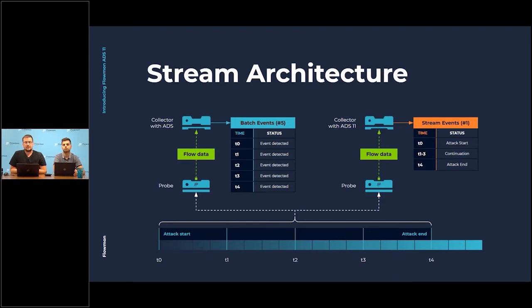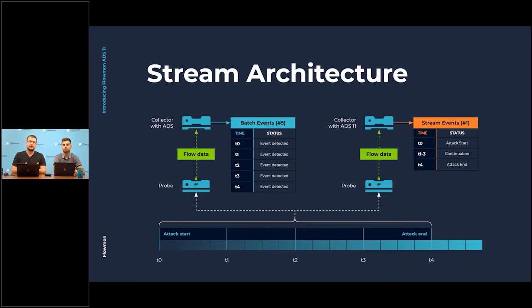So let's look at the stream architecture. As I mentioned, this is the major thing in this version. It's mostly under the hood, but the benefits you can experience immediately. So let's have an example. Here we have an attack which is, let's say, over 20 minutes long.